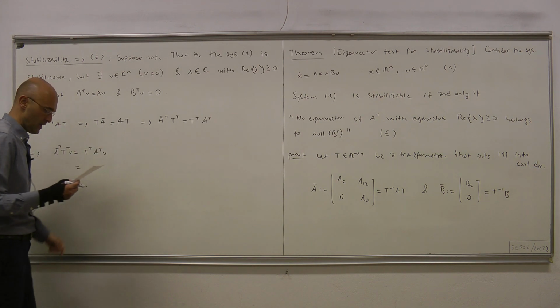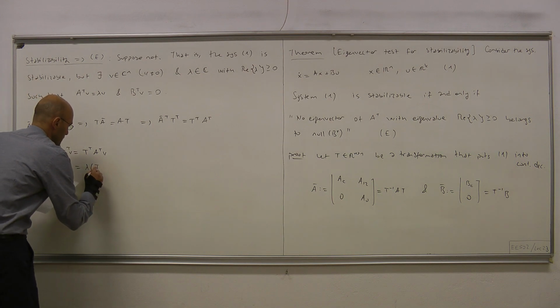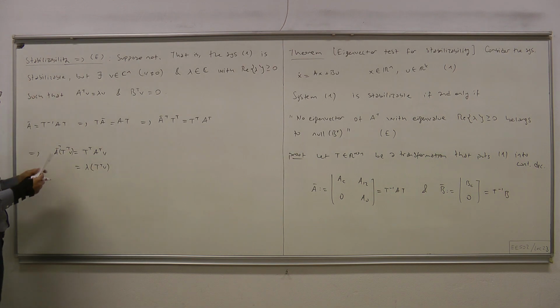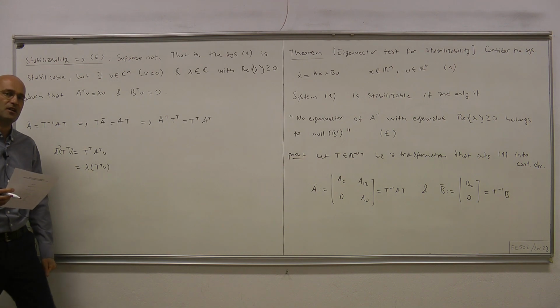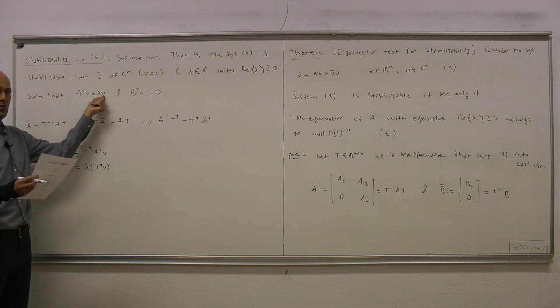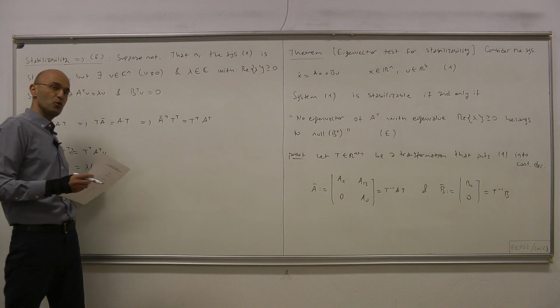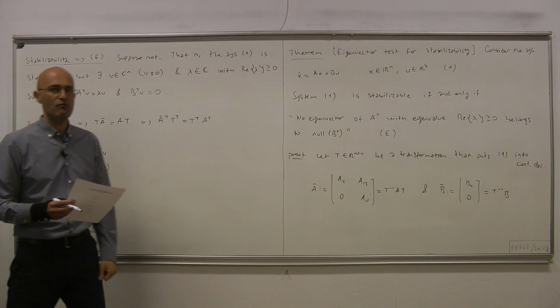We can put it anywhere we like, and we can write this as lambda T transpose V. So what we have obtained is A bar transpose times T transpose V equals lambda times T transpose V. Now, since V is non-zero because it's an eigenvector, and T is non-singular, therefore its transpose is also non-singular, T transpose V is a non-zero vector.